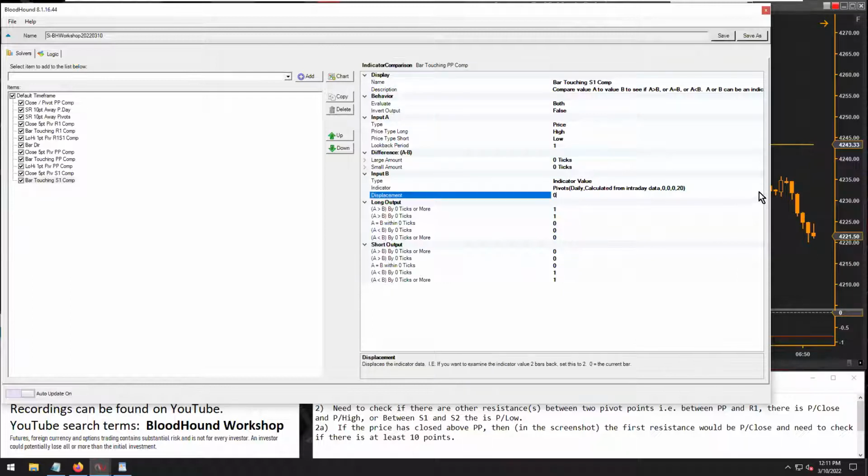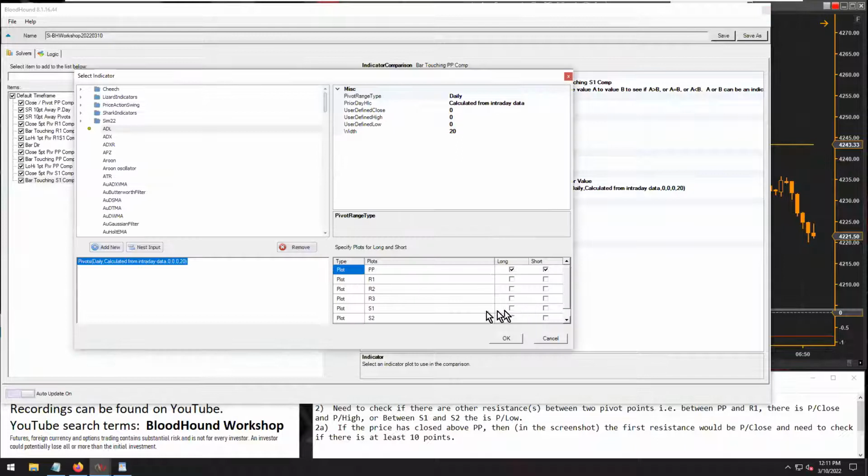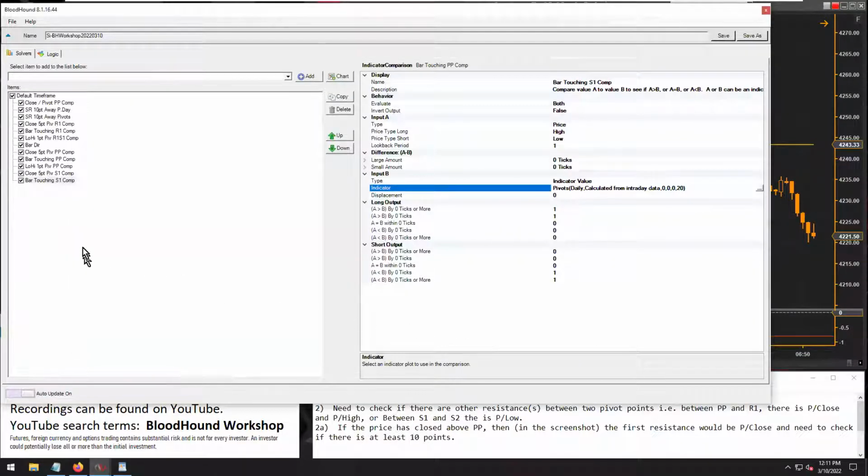Go into the indicator and select S1 there. All right, so there's the two solvers that we need, right? So one's the separation, the 5 points of separation from the S1, and the other one is the bar touching S1.